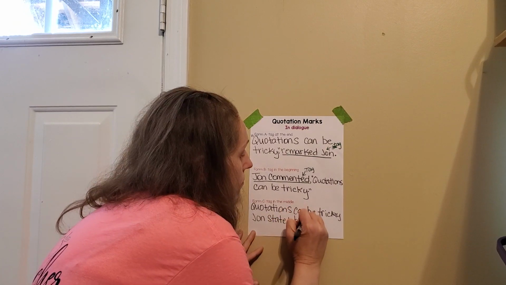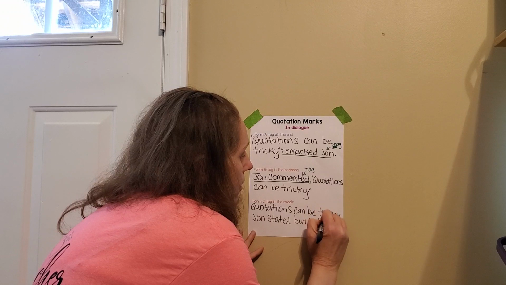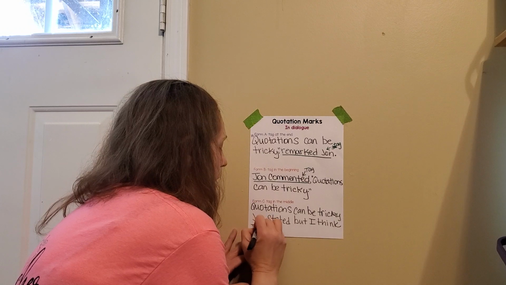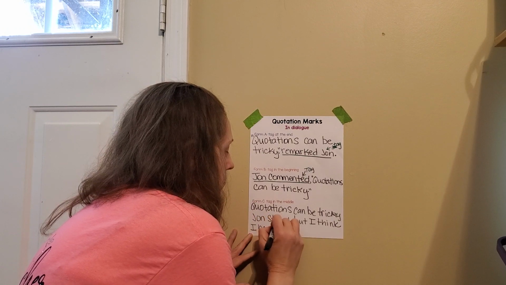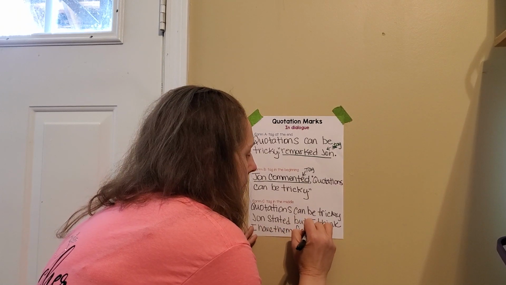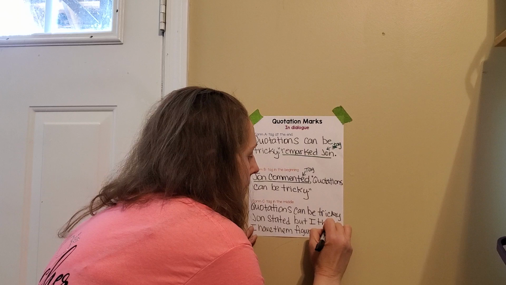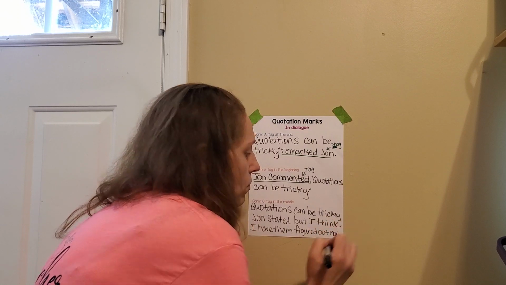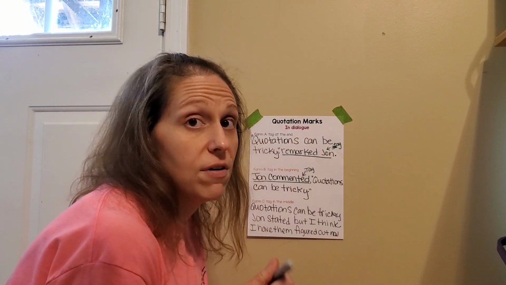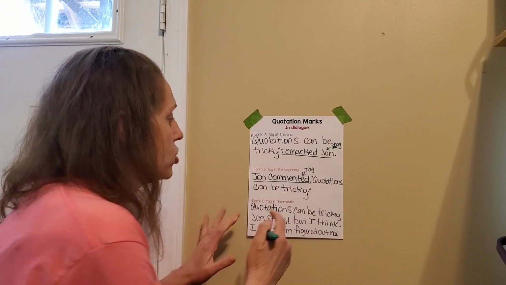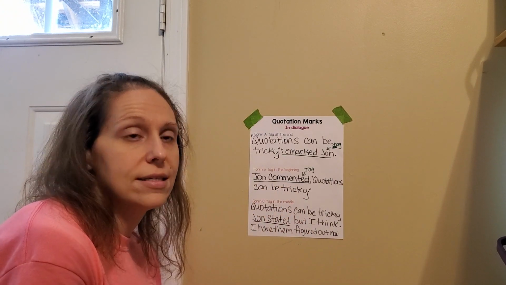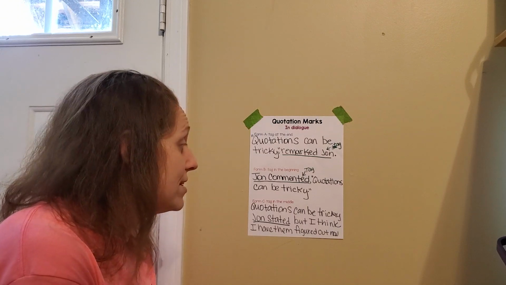But I think I have them figured out now. Now, the first thing I'm going to do is identify my tag. My tag is John stated. So now, what did John say?